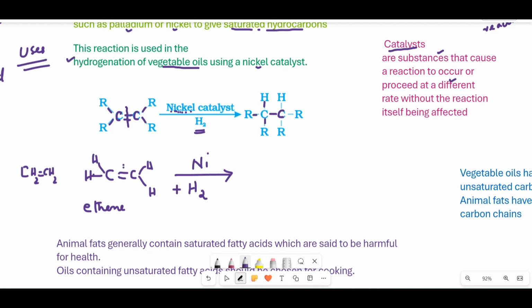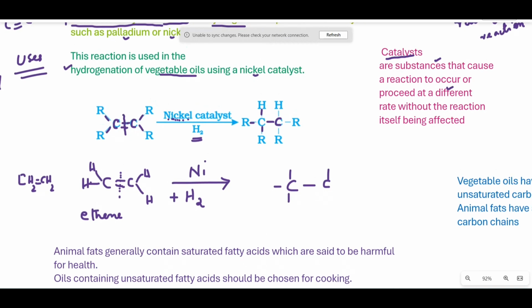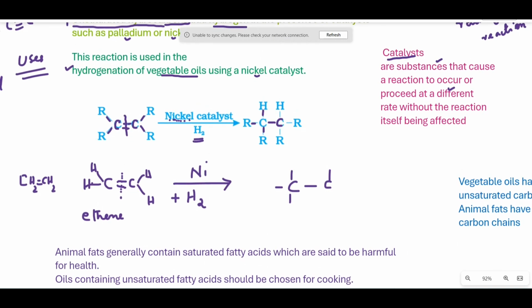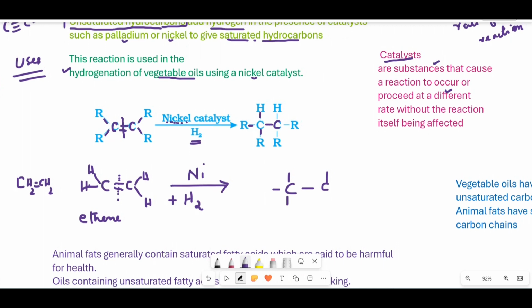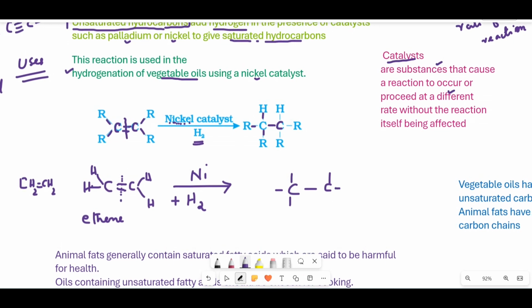This carbon-carbon double bond will break and it is converted to single bond. That fourth valency is 1, 2, 3. Then this is the fourth valency. Here also all become single bonds.